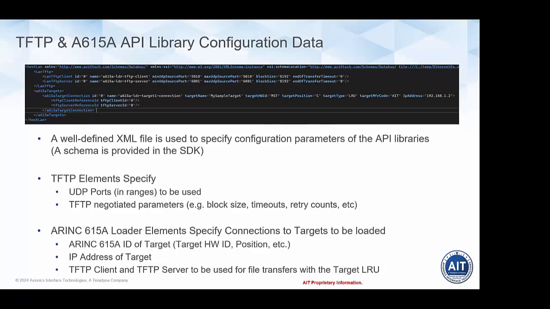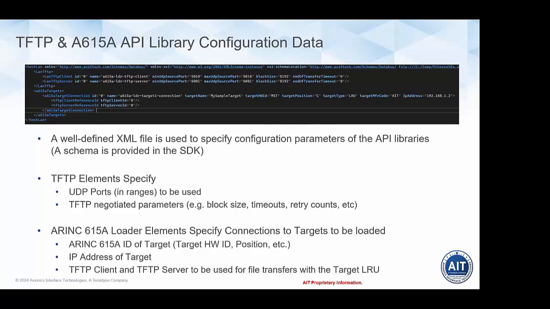In order to do a data load operation, a data loader has to be both a TFTP client and a TFTP server simultaneously in order to actually execute that operation. So in this configuration file, we're defining both the client and the server needed to do a data load connection to a target device. And you can see some of the information.